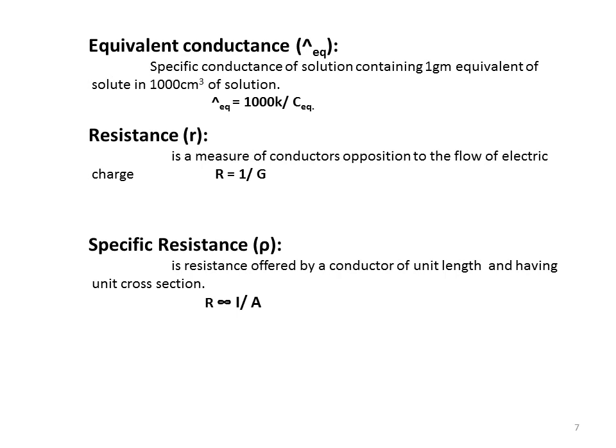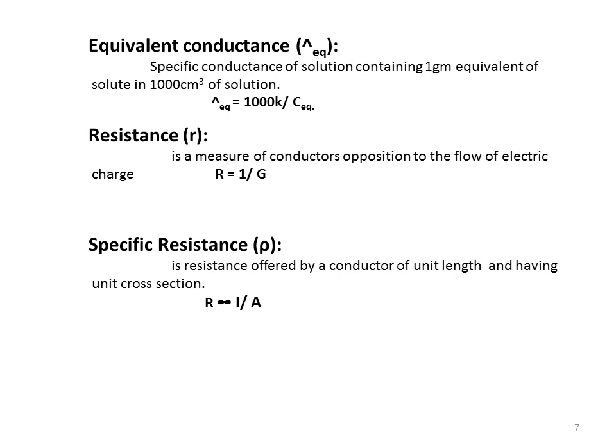It is the specific conductance of a solution containing 1 gram equivalent of solute in 1000 centimeter cube of solution. Equivalent conductance is equal to 1000 K over C equivalent. Resistance R is a measure of a conductor's opposition to the flow of electric charge. R is equal to 1 over G.